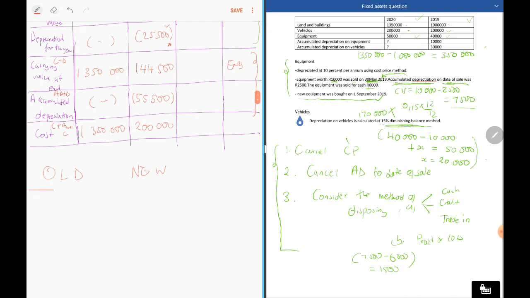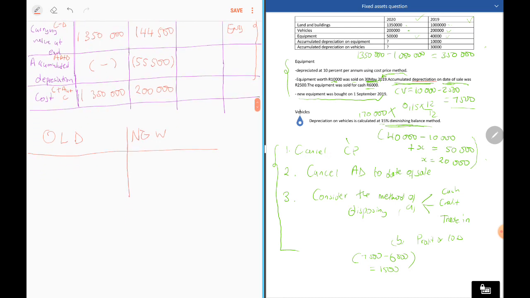So you just calculate depreciation for the year for the old equipment and for the new at cost price. So what's the cost of the old equipment? It is 40,000 subtract 10,000 that we sold, right? Which is 30,000.